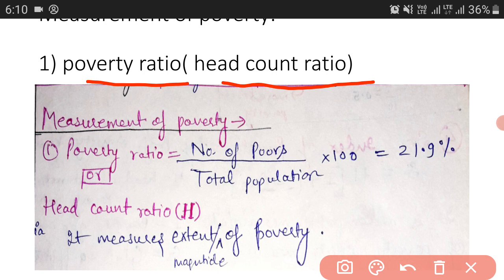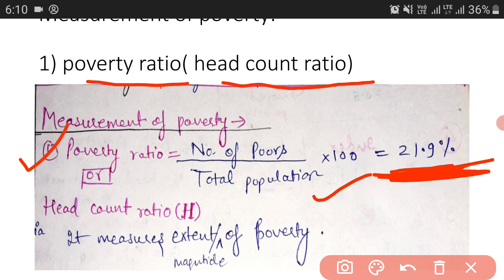So in the poverty ratio you can see the formula of poverty ratio as the number of poor upon the total population into 100. Here we are calculating the percentage of poor that are present amongst the whole population, for example 21.9, this is the data.